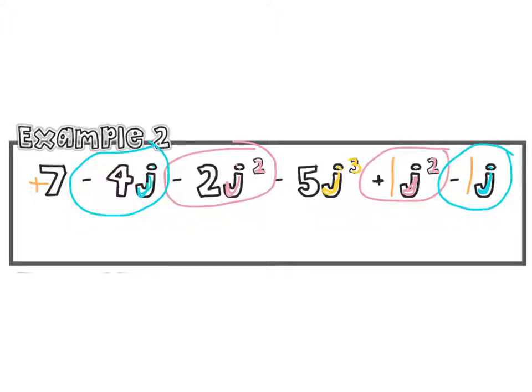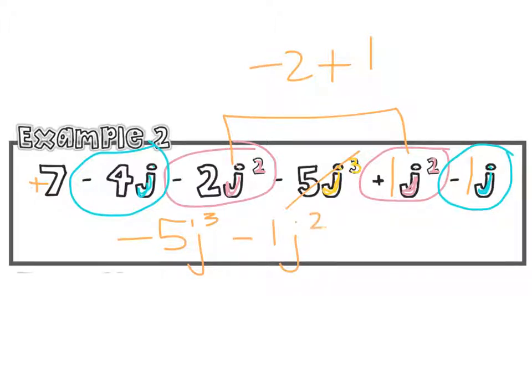Okay, now we go from the lead variable with the highest degree. We're going to go alphabetically to simplify. So our answer will be negative 5j to the third power. That's done. And then let's put our j squared together. So negative 2 plus 1 is negative 1j squared.